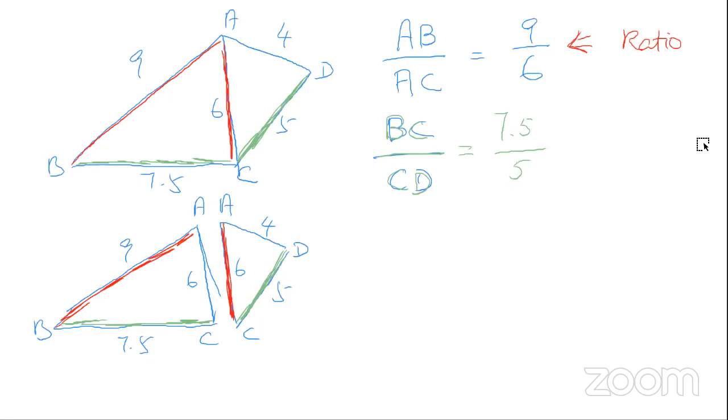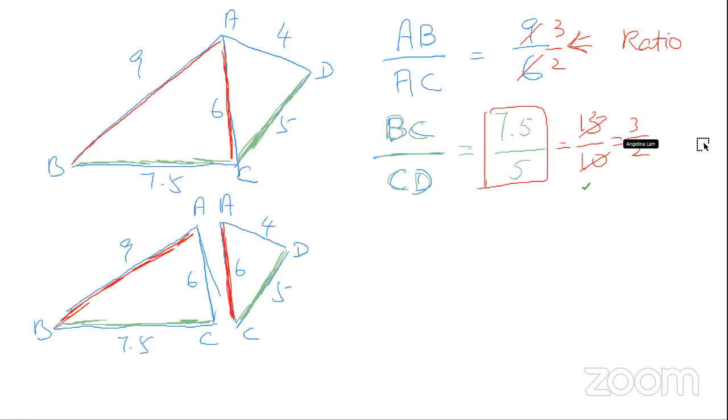Now you can try to simplify the values. 9/6 becomes 3/2, right? And then you try to simplify these two also. Can we get the same? Which is 15 divided by 10, right? And then you try to simplify by 5. It is also 3/2.